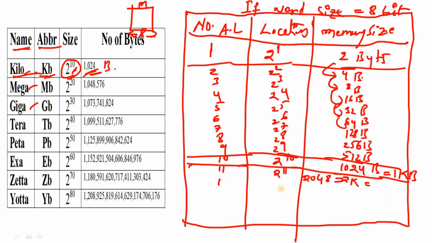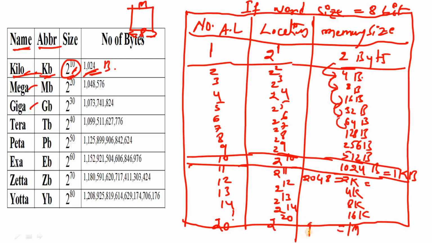That means 12 address lines, 2 power 12, that means 4K. 13 address lines, 2 power 13, that means 8K. 14 address lines, 2 power 14, that means 16K. Like this, we are going to see 20 address lines, 2 power 20, that is equal to 1 MB.